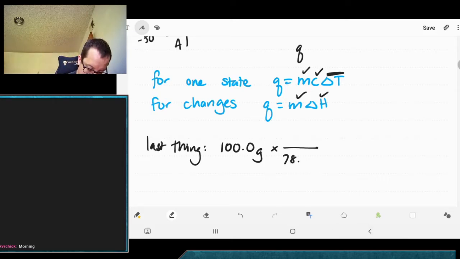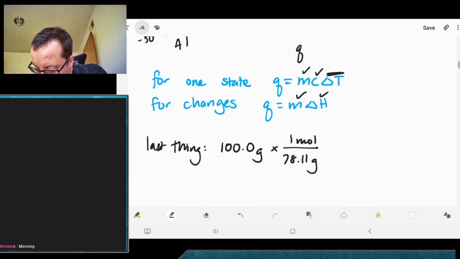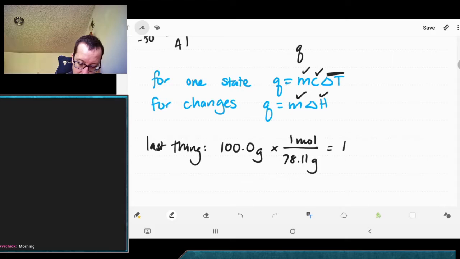Okay. And then let's just go ahead and invert that. All right, and so we get 1.28 moles as a result. Okay, now we can actually do this stuff.